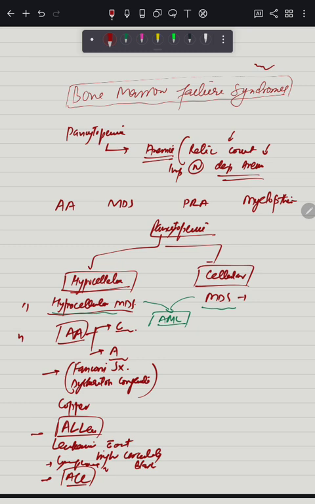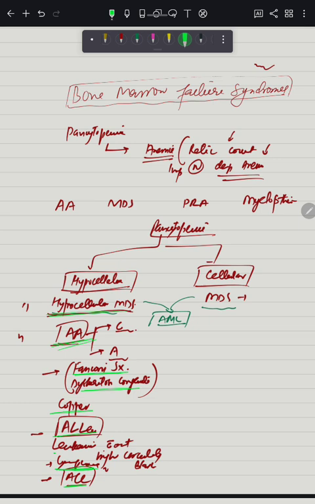So for hypocellular MDS or aplastic anemia: inherited causes are Fanconi's and dyskeratosis congenita, then copper deficiency, ALL, that is aleukemic leukemia, and then lymphoma of the bone marrow.